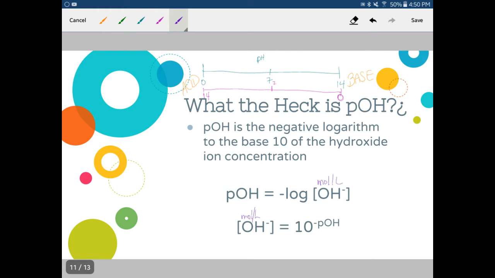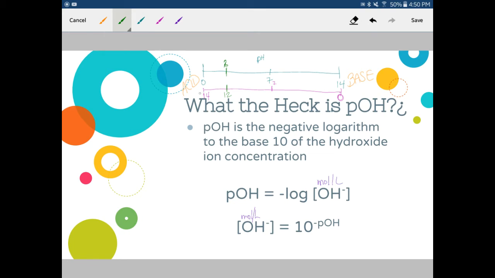Let me use green. If I have a pH of, let's say, 2, my pOH is the difference between 14 and 2. So my pOH is going to equal 14 minus 2, which equals 12. So I have 12 plus 2, which equals 14.